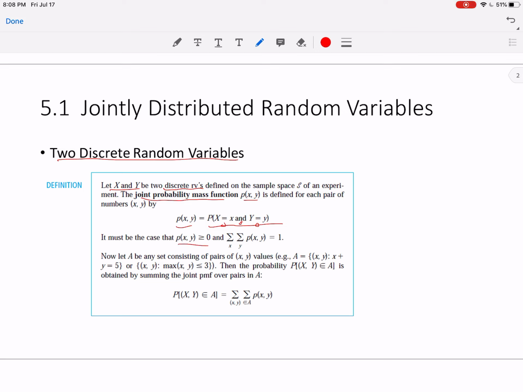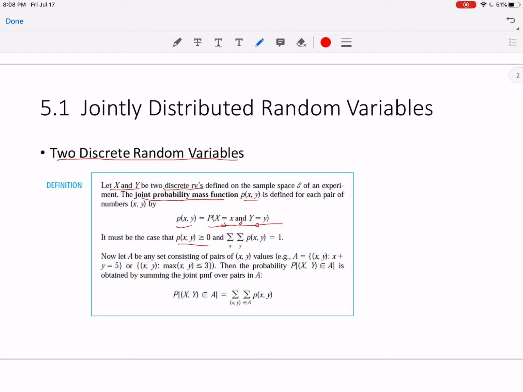So same thing here. p(x,y) greater than or equal to 0 means each probability has got to be greater than or equal to 0. And the sum of the joint PMF over both x and y is equal to 1, which means the sum of all probabilities is equal to 1.